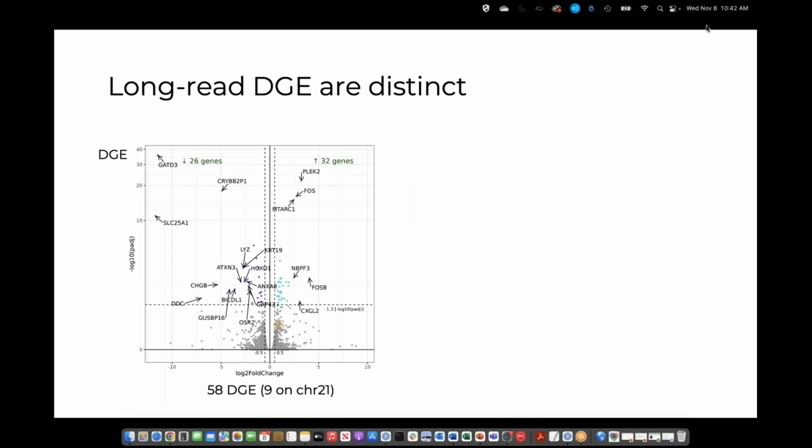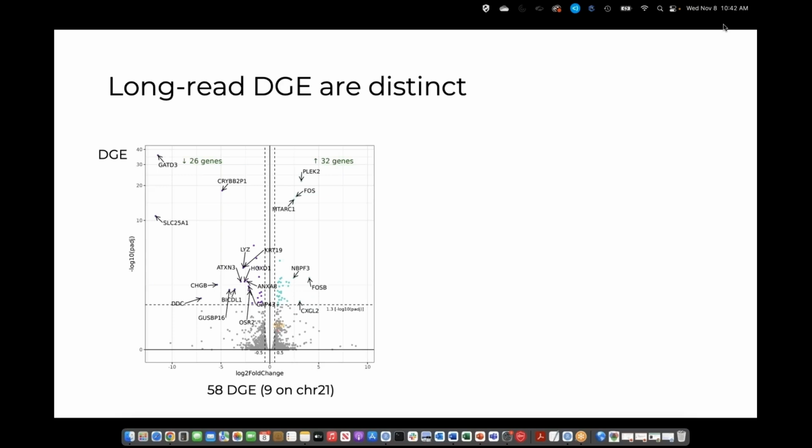So the first thing that we did after being able to use FLAIR to generate a count matrix for both the genes as well as the isoform transcripts that are present within the long-read data, we again used DESeq like we did for our single-cell RNA sequencing analysis to identify what the genes are that are differentially expressed.